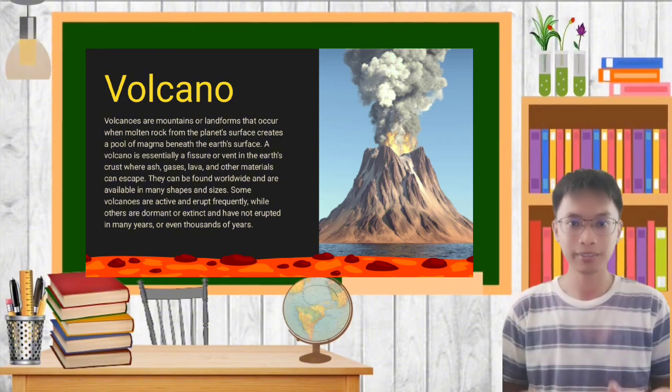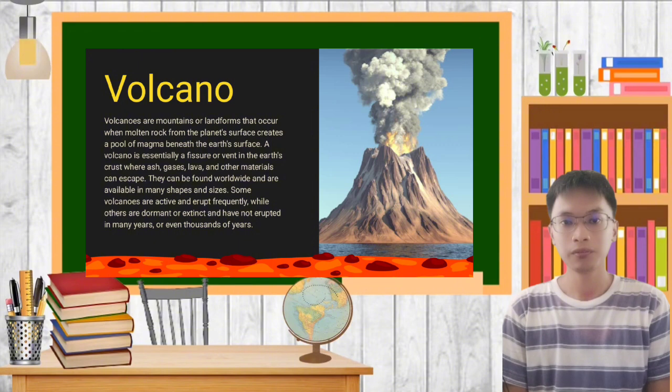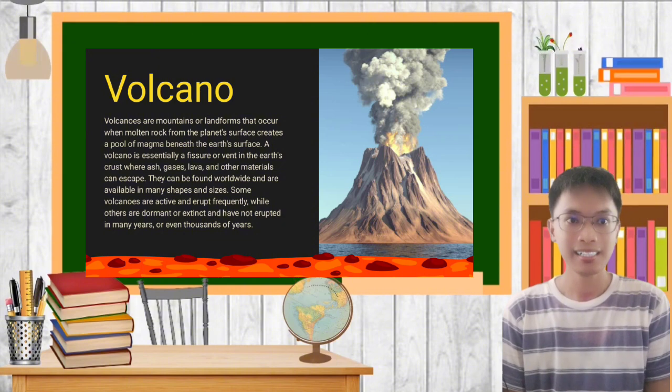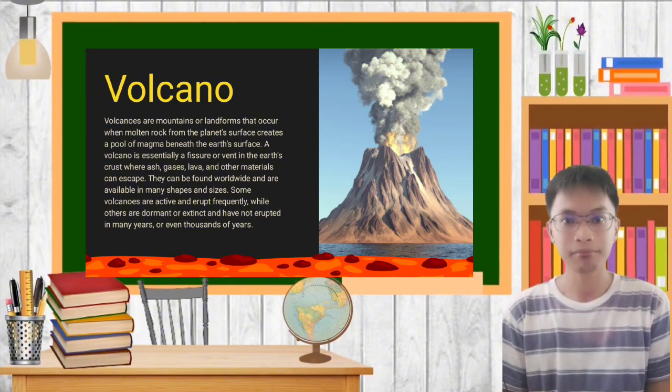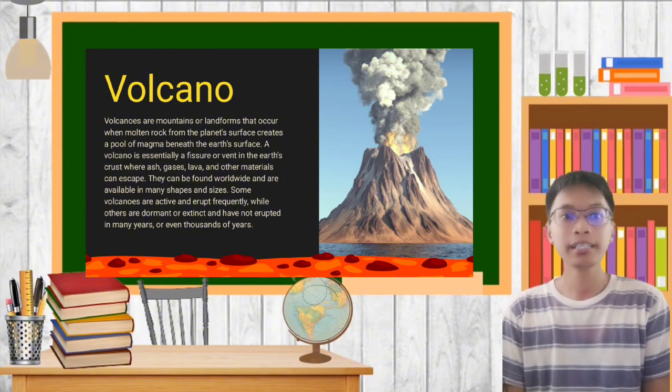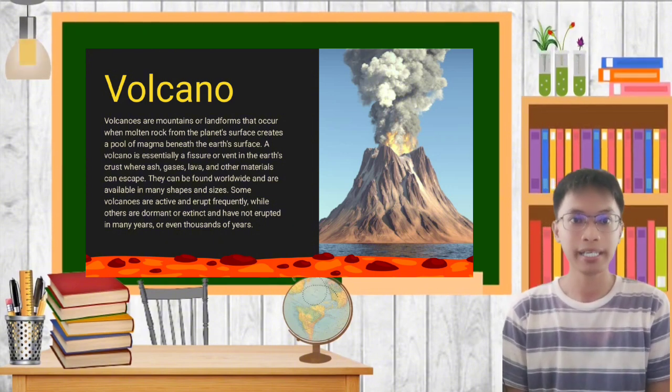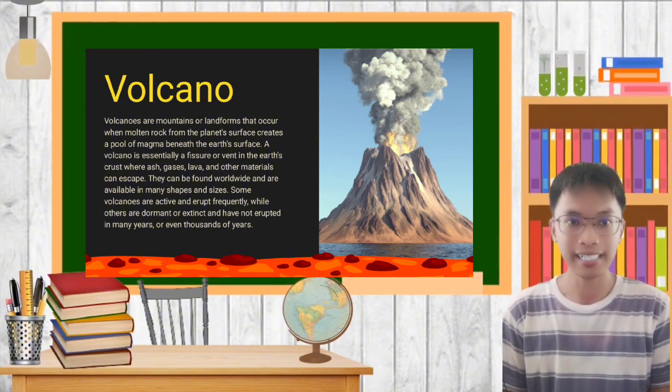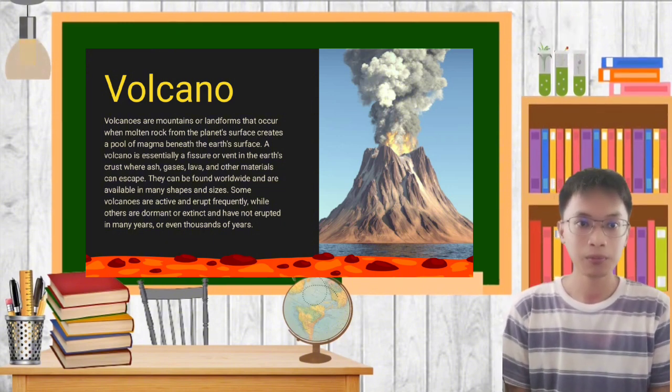So that is a volcano. Volcanoes come in all shapes and sizes, from towering stratovolcanoes like Mount Fuji to the gentle slopes of shield volcanoes in Hawaii. These geological giants leave their mark on the landscape.